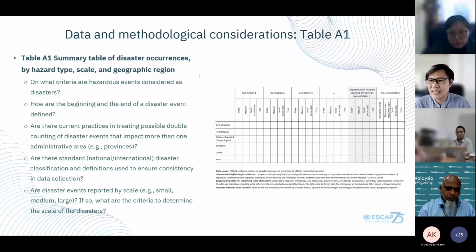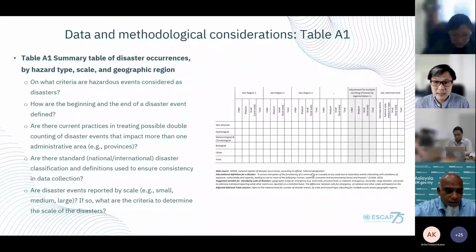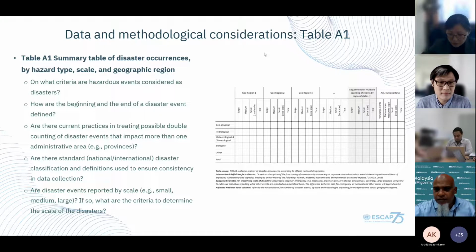I'm also wondering about other countries. From your knowledge, in your country are disaster events reported or classified by scale? Okay, the poll is there, and I think all the participants can vote.